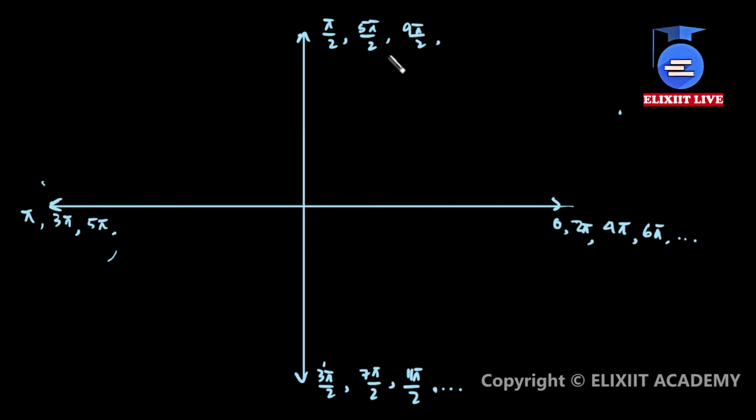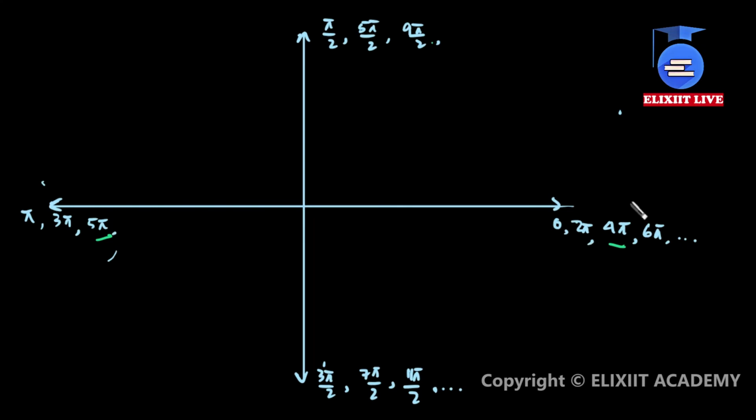Then once again, 5 pi by 2, 6 pi by 2, 7 pi by 2, 8 pi by 2. Then 9 pi by 2, 10 pi by 2, 11 pi by 2, and then this rotation continues. This much is fine. What I need to figure out over here, I told you, are the angles which are starting and ending over here: 0, 2 pi, 4 pi, 6 pi.